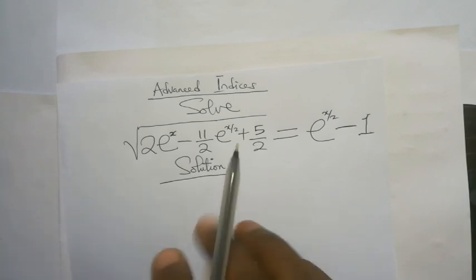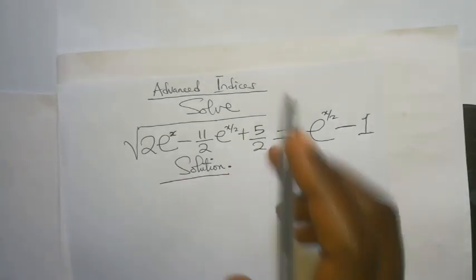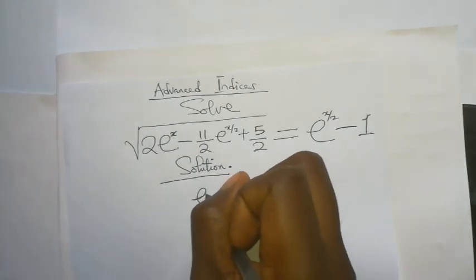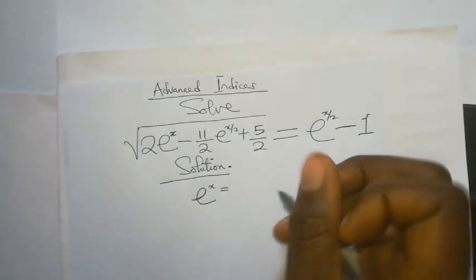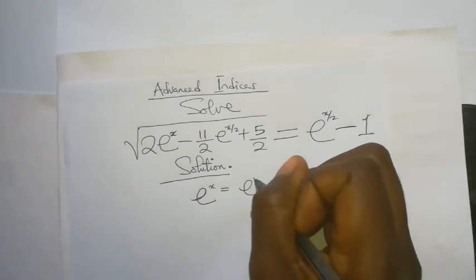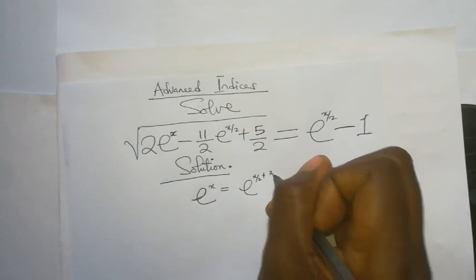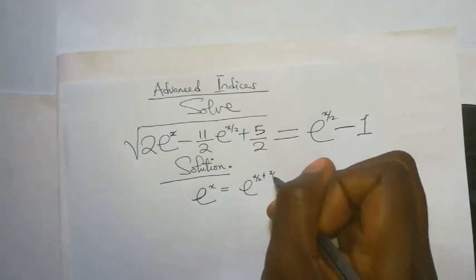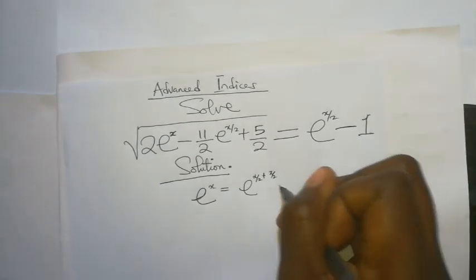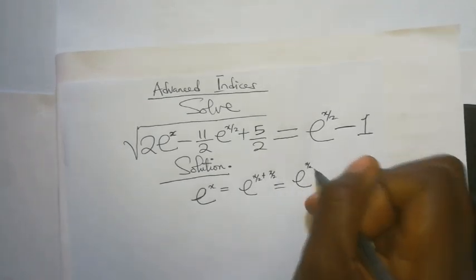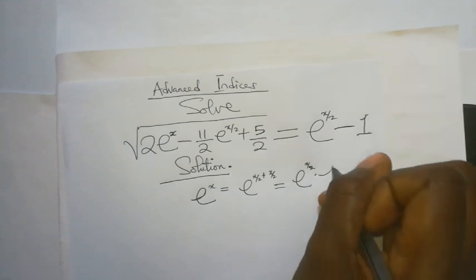And let's clarify one thing before we start. You see, e to the power of x is equal to what? E to the power of x over 2 plus x over 2, which we can say is e to the power of x over 2 dot e to the power of x over 2.